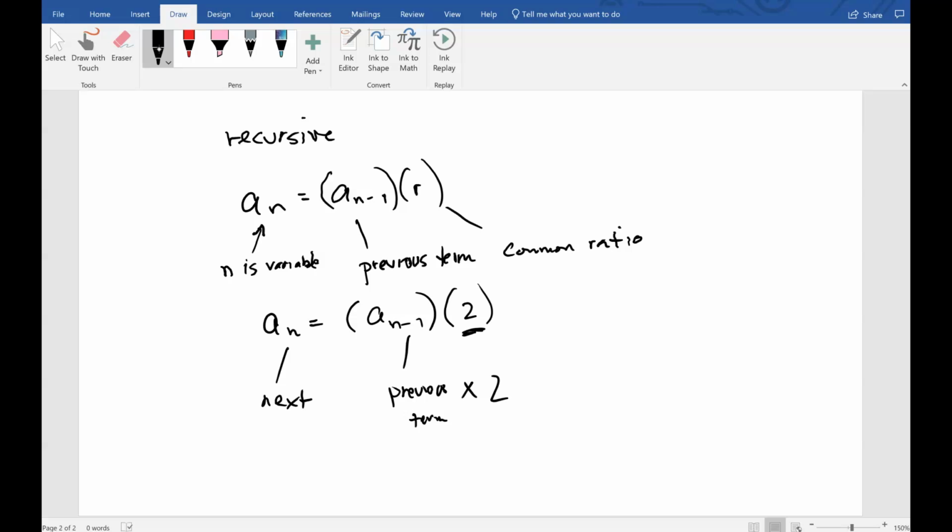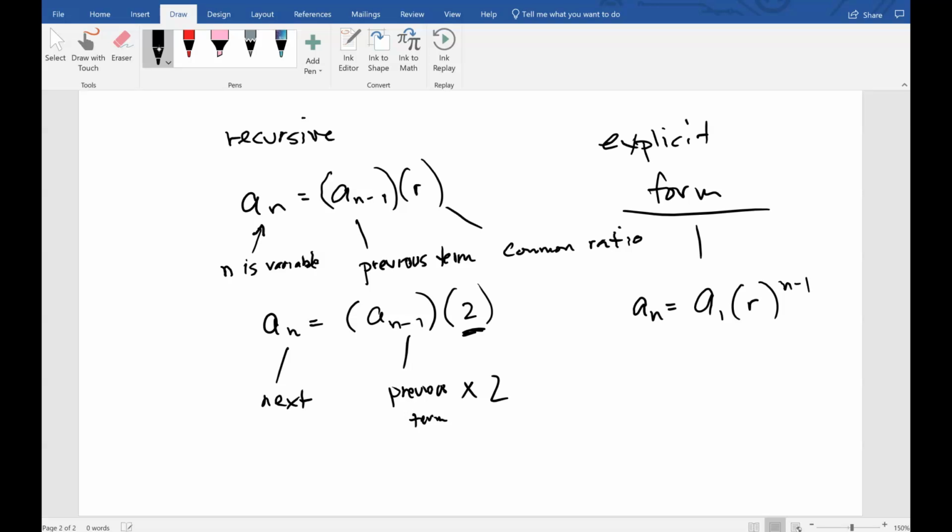And of course this variable, the common ratio, can change. Let's look at the explicit formula. This one is a little bit more useful. The explicit form is found on page 160: a sub n equals a sub 1, the first term, times r, the common ratio, raised to the power of n minus 1.